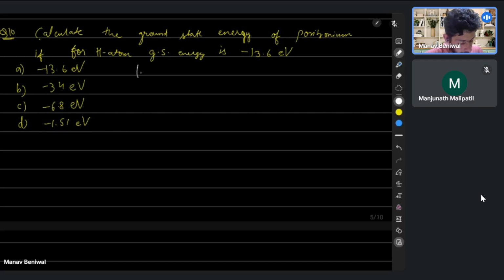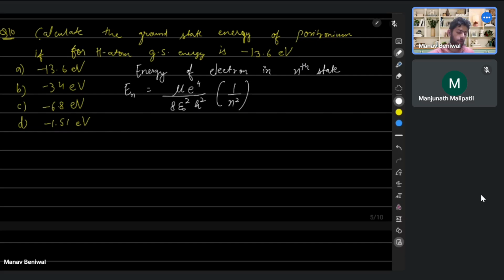So we know that the energy of the electron in the nth state, written as En, is mu times e to the 4 over 8 epsilon naught squared h squared, multiplied by 1 over n squared. Here mu is the reduced mass.